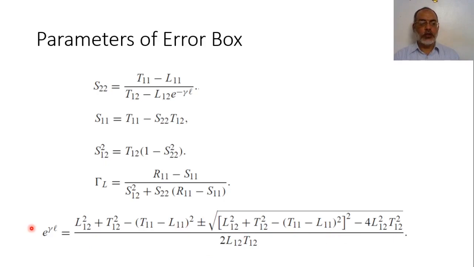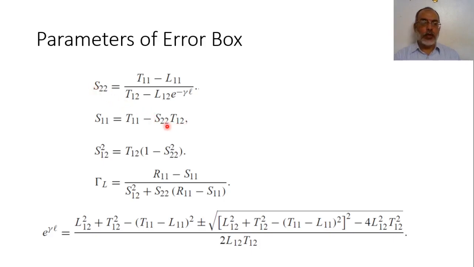So we first obtain e to the power minus gamma L, and from it we can obtain S22.